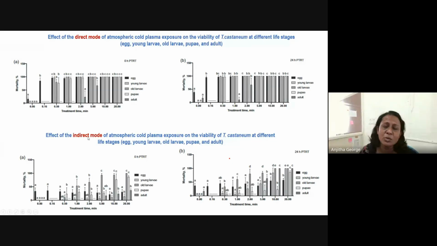In indirect mode, you are not exposing the cold plasma directly on the insect stages. Instead, either the media, in the sense the seed or food material, or the tape I told you about, will be subjected to this cold plasma, and then you keep the insect stages on it. The same methodology will be followed.